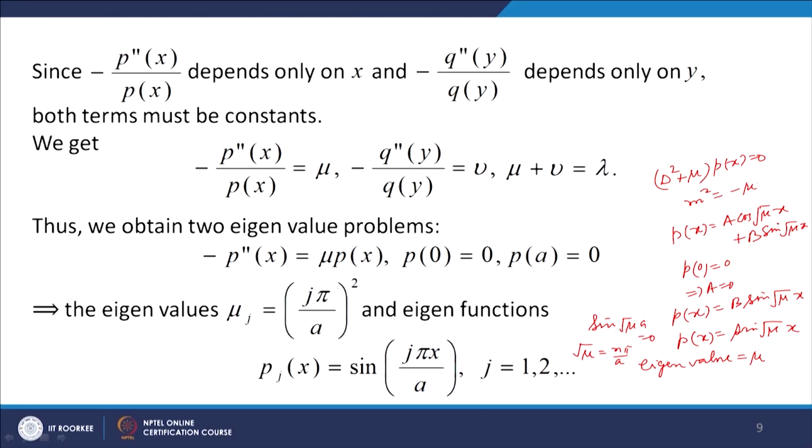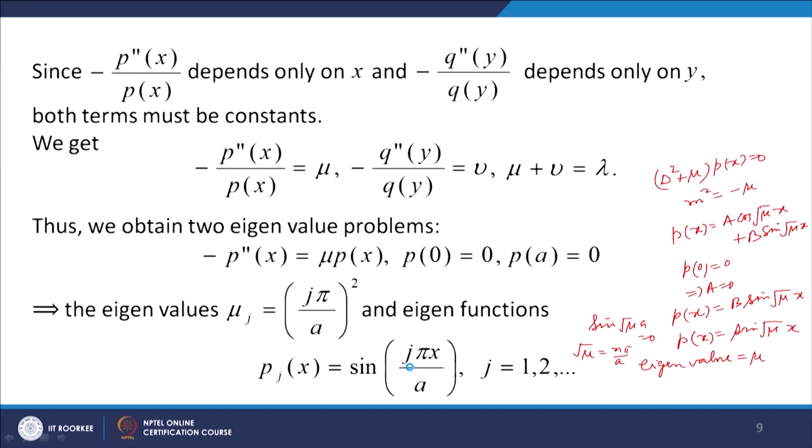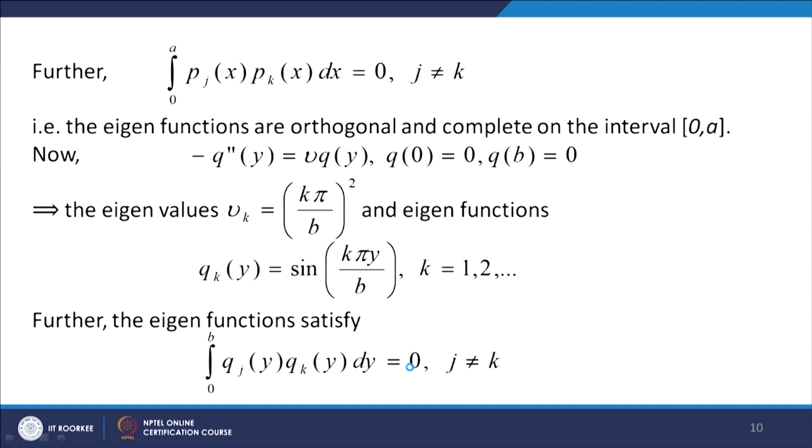So we get j pi by a whole square, and the eigenfunctions are sin j pi x by a. These sine functions satisfy the orthogonality property, that is integral 0 to a p j x p k x dx is equal to 0 whenever j is not equal to k. They are orthogonal, also they are complete, that means integral 0 to a p j square x dx is non-zero. We can calculate its value.